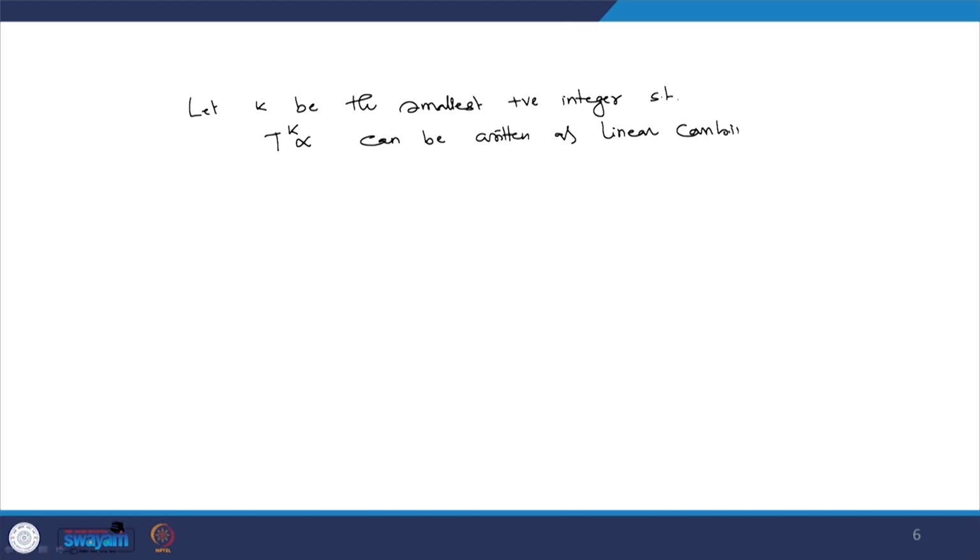Not only that, let K be the smallest positive integer such that T to the power K alpha can be written as a linear combination of the preceding elements, that is alpha, T alpha, T square alpha, up to T to the power K minus 1 alpha.